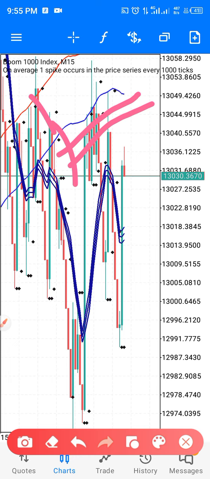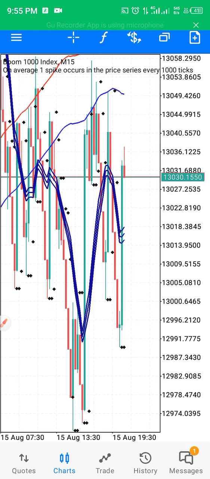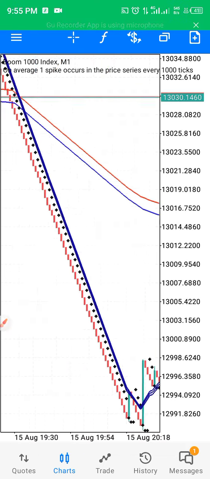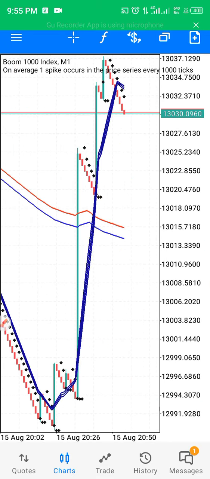Because they are below, it means that this market is in a downtrend, and that was what happened here. See it? This was the scenario of that movement, and this is the one that just happened here. This is this particular long journey here. If we take it back, you see another long journey. So that is what I was trying to explain.